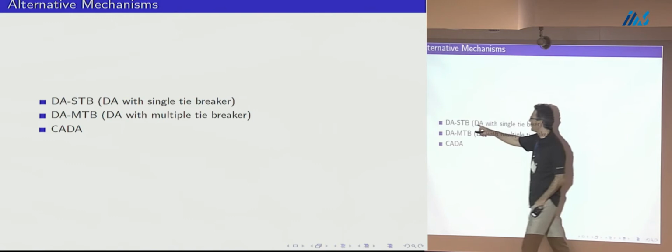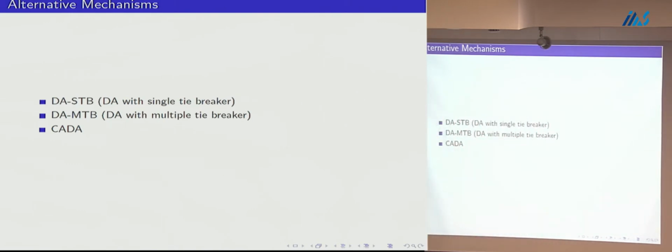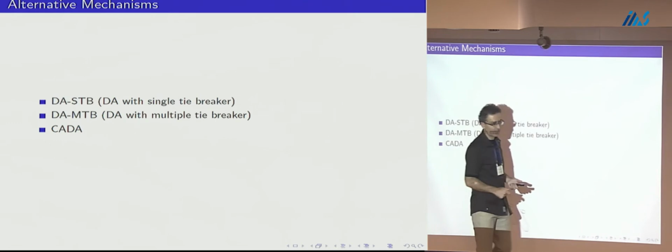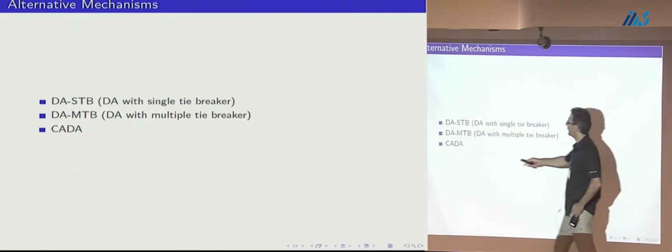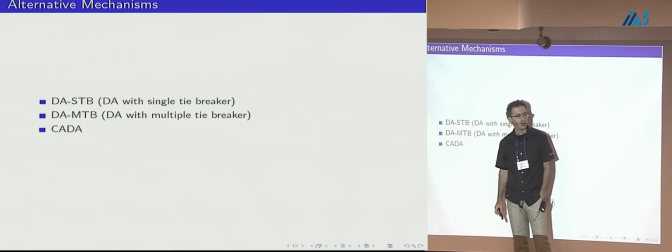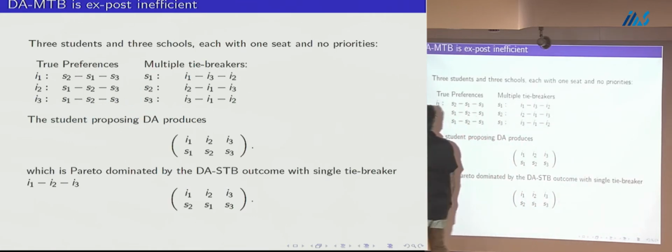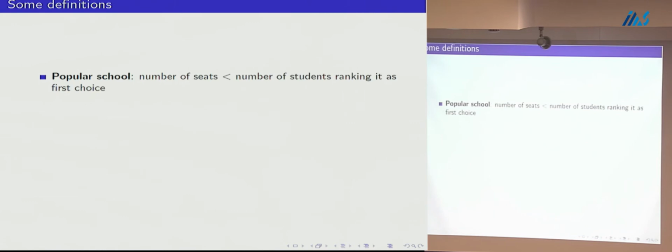A deferred acceptance mechanism that uses a single lottery to break ties at every school. A deferred acceptance mechanism that uses school-specific lotteries. Every school runs its own lottery. And the CADA mechanism. I'm going to get back to this example later.